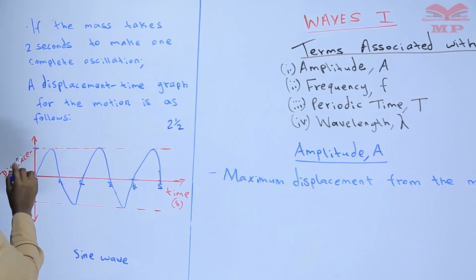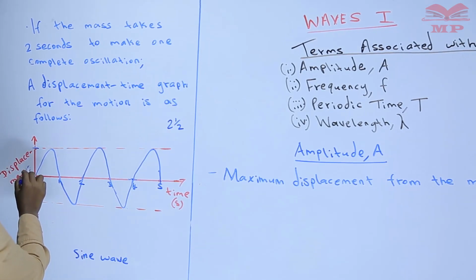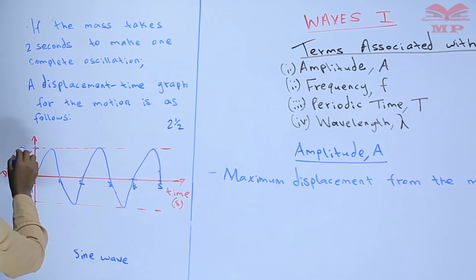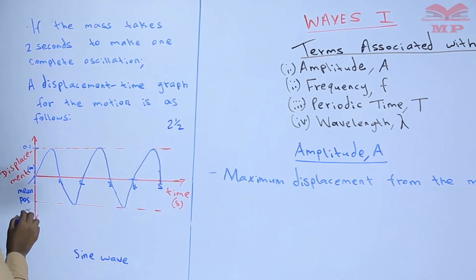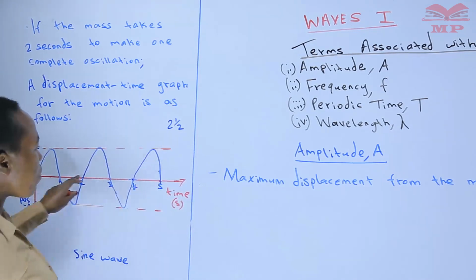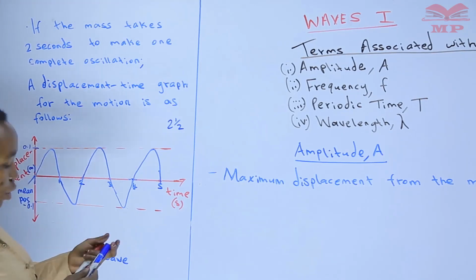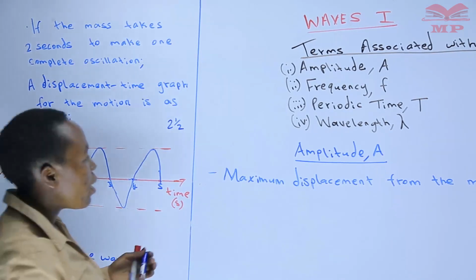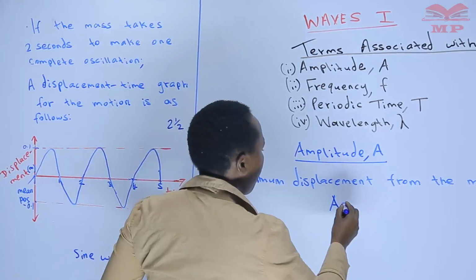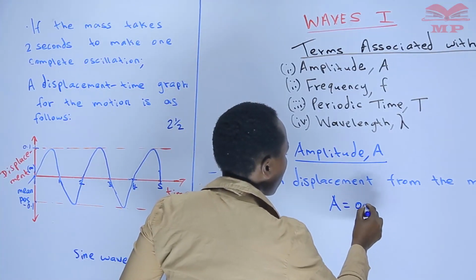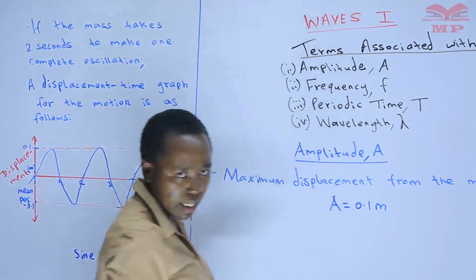So for this, let's say our displacement was in meters, and here we have 0.1, and here we have negative 0.1. So it means that our displacement from the mean position is 0.1, and that is the amplitude. So from our sketch here, we can say that amplitude will be equal to 0.1 meters.